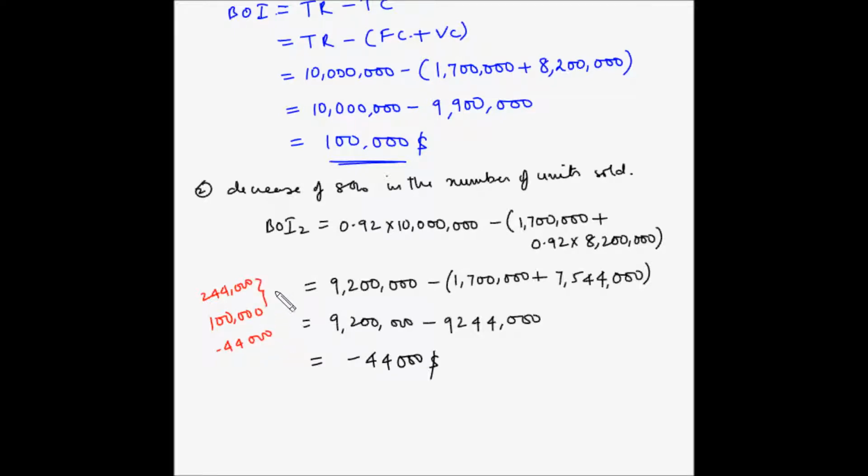So if you look at it, there is a difference of 144,000 in both the cases. If we increase the number of units sold, there is an increase in the budgeted operating income by 144,000. And if we decrease the number of units sold by 8%, there is a decrease in the budgeted operating income by $144,000.